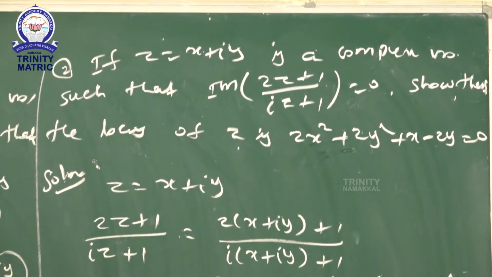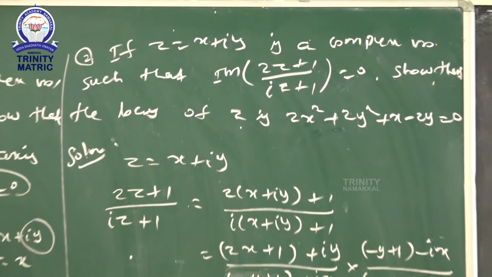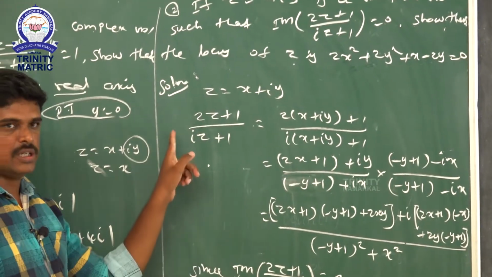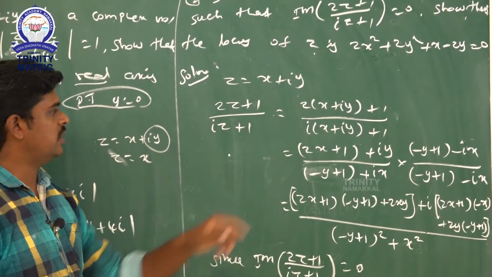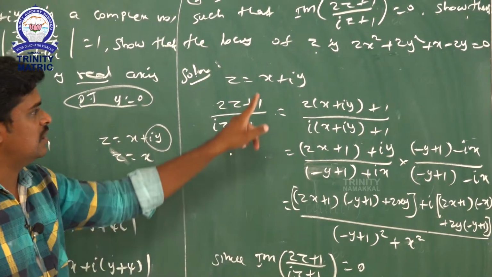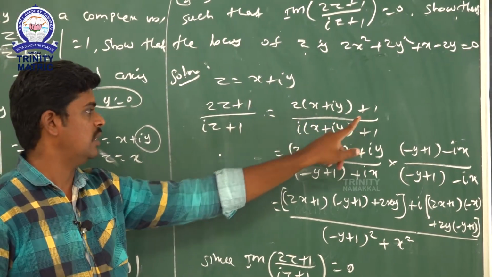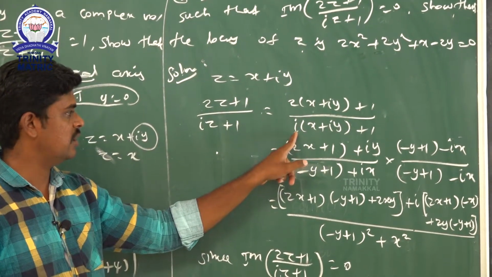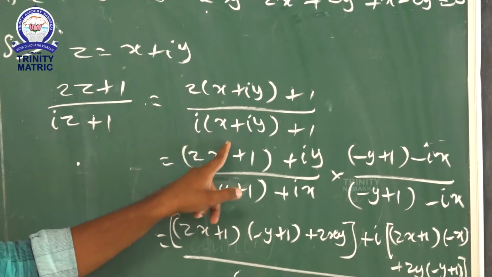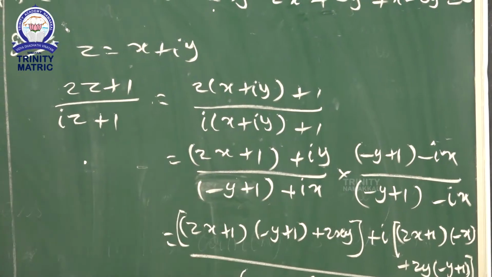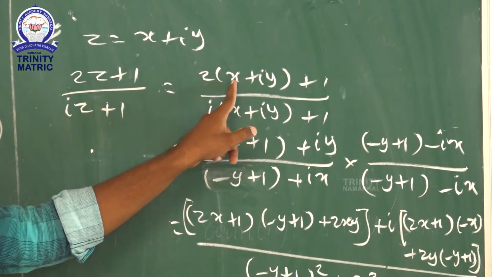Okay. Solution. If z equal to x plus iy, consider 2z plus 1 by iz plus 1 equal to 2 into, what is z? x plus iy, plus 1. Here the denominator also, replace z by x plus iy: i into x plus iy plus 1. Next, 2 can be multiplied with x and iy.